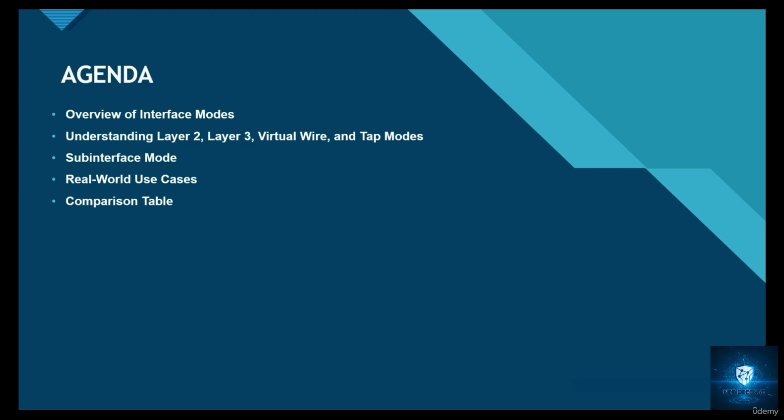Now, understanding the layer 2, layer 3 and the vWire modes. Layer 3 mode is one of the most commonly used deployment modes. The firewall acts like a router, making decisions based on IP addresses. Each interface is assigned an IP address, and the firewall routes traffic between different networks.